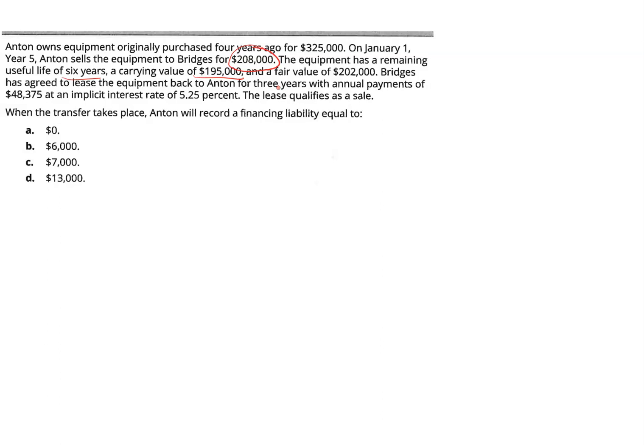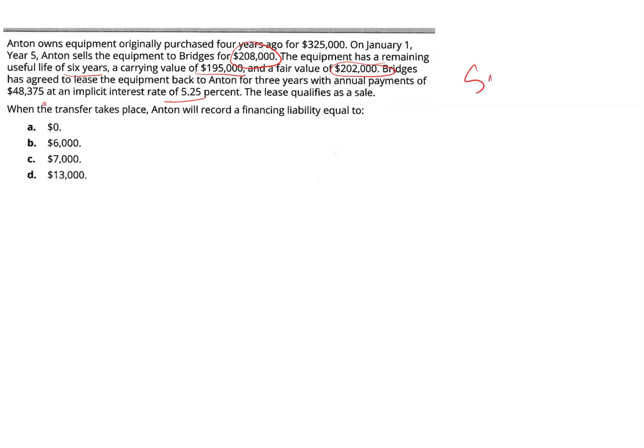The carrying value when they are selling it is $195,000, and the fair value is $202,000. Bridges has agreed to lease the equipment back to Anton for 3 years, with $48,375 installments, and you know the interest rate. So this is the scenario you learned. We call it a sale-leaseback transaction.